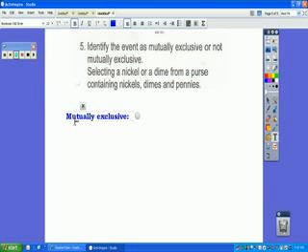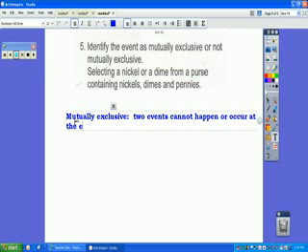Mutually exclusive means that two events cannot happen at the same time. Two events cannot happen or occur at the exact same time.